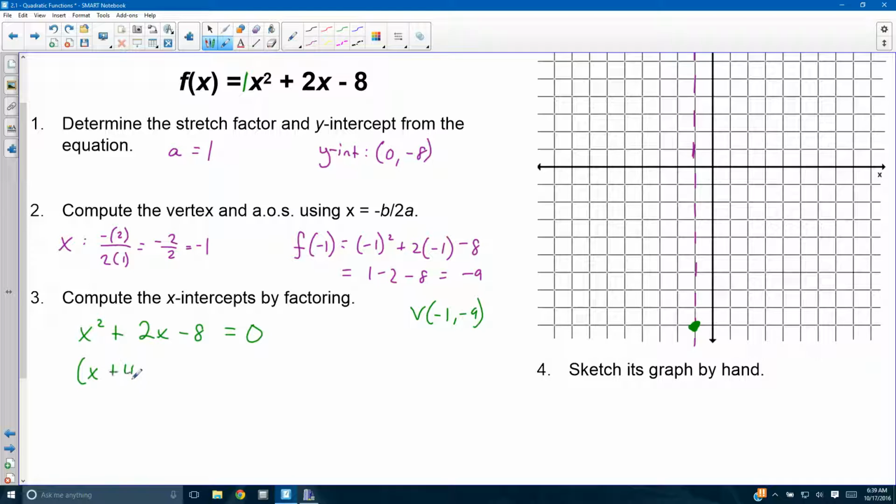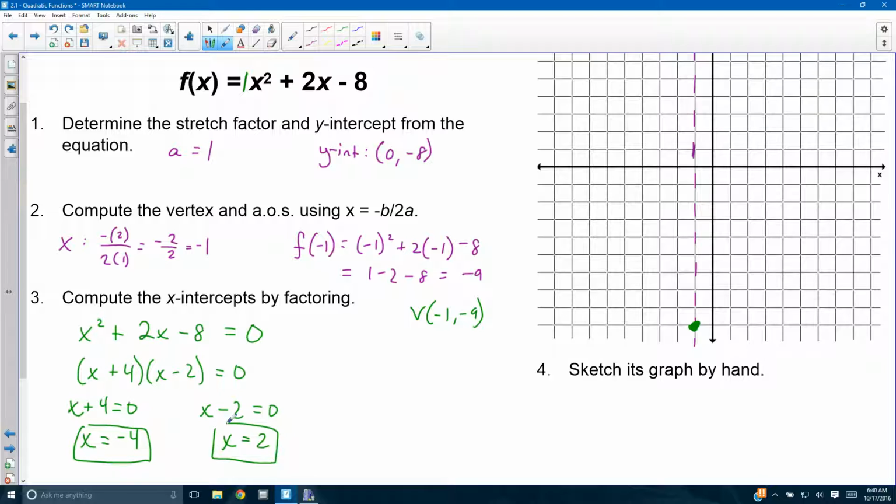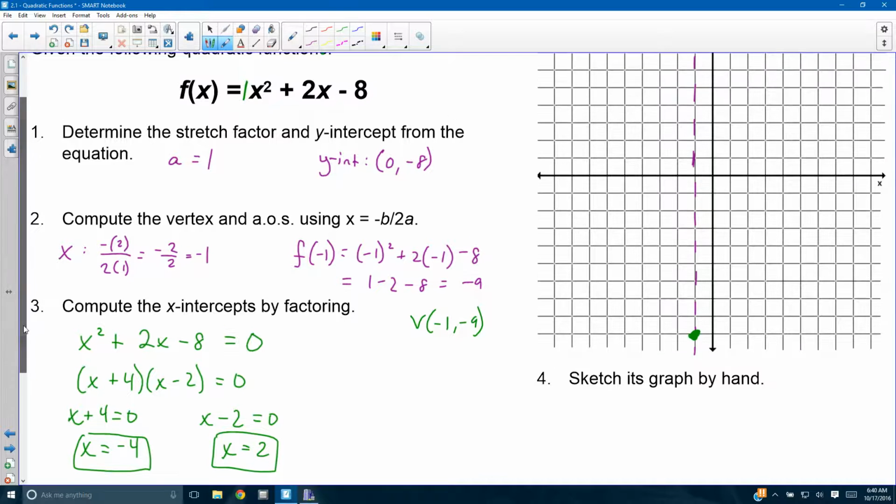This becomes (x + 4)(x - 2) = 0. So if x plus 4 equals 0, this is the zero product property. It's kind of assumed at some point that if you've gotten this far, you probably know what you're doing with the equation. If not, there are some other videos you may go back to for that. So I have two x-intercepts at (-4, 0) and (2, 0).